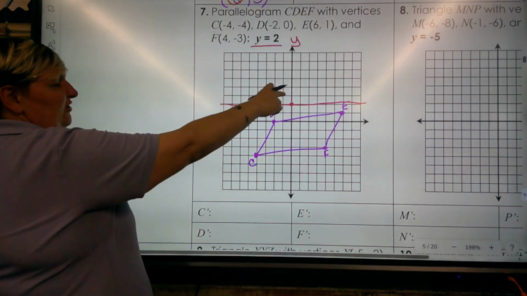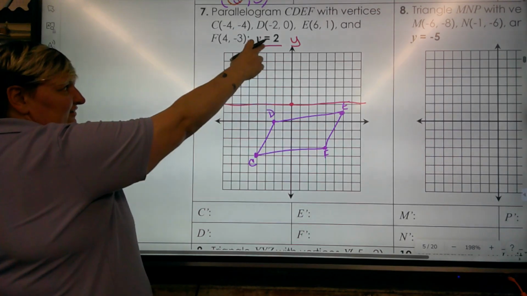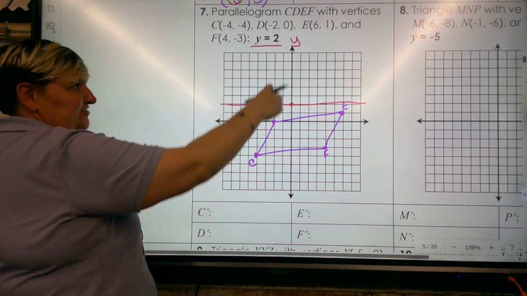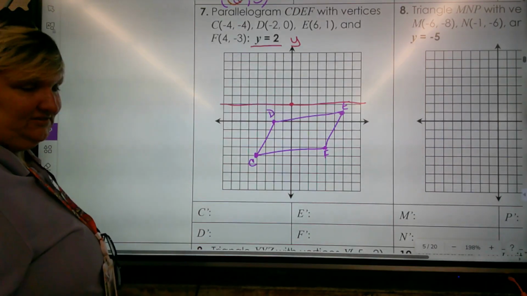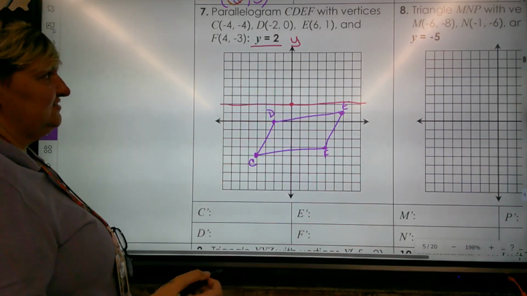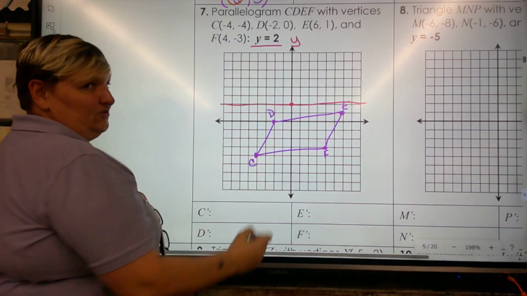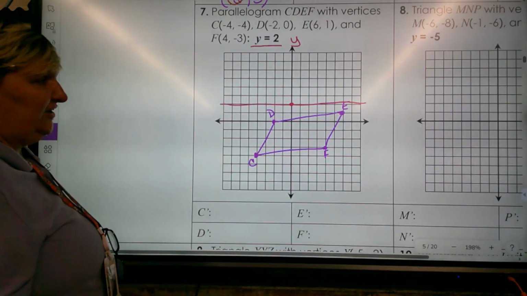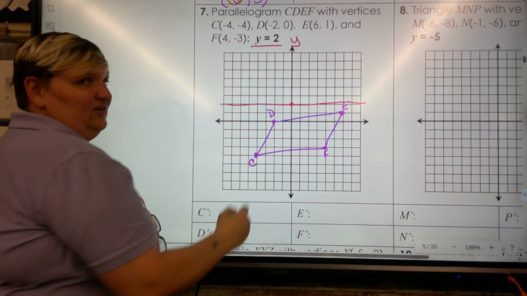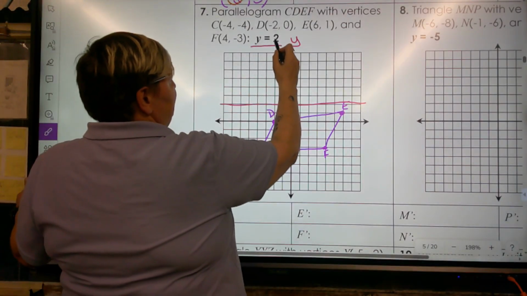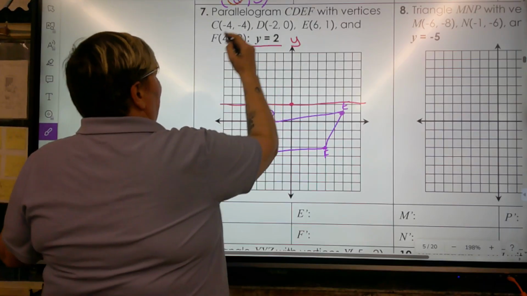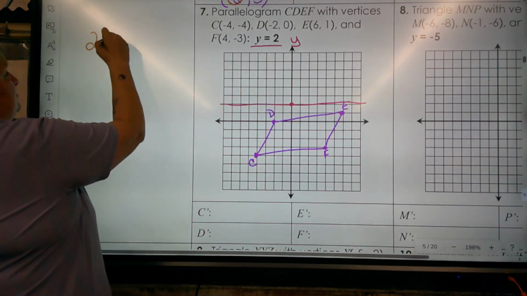Alright, so because we're going over the y, as the line of reflection is a y value, we're going to be changing the y's. Does that make sense? Because the line of reflection is here, we're changing the y values. Alright, so the distance between 2 and -4, right?